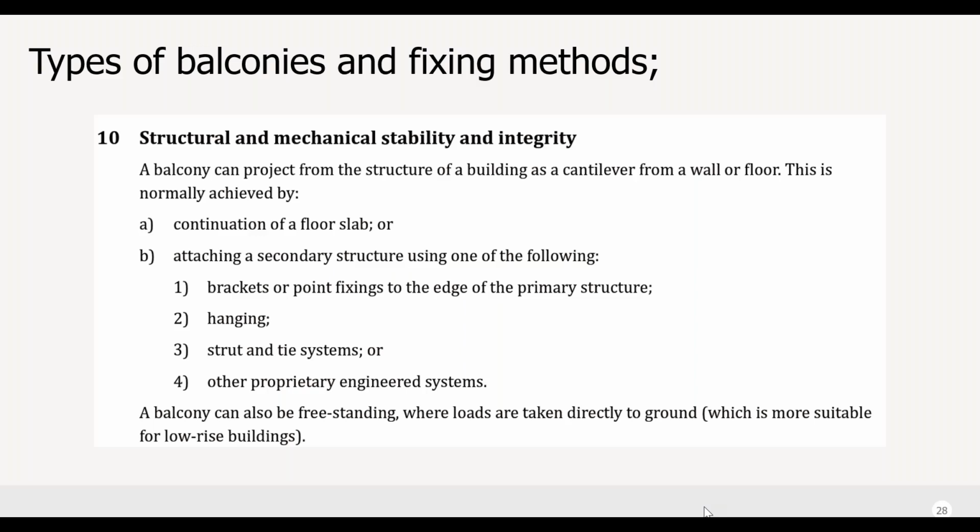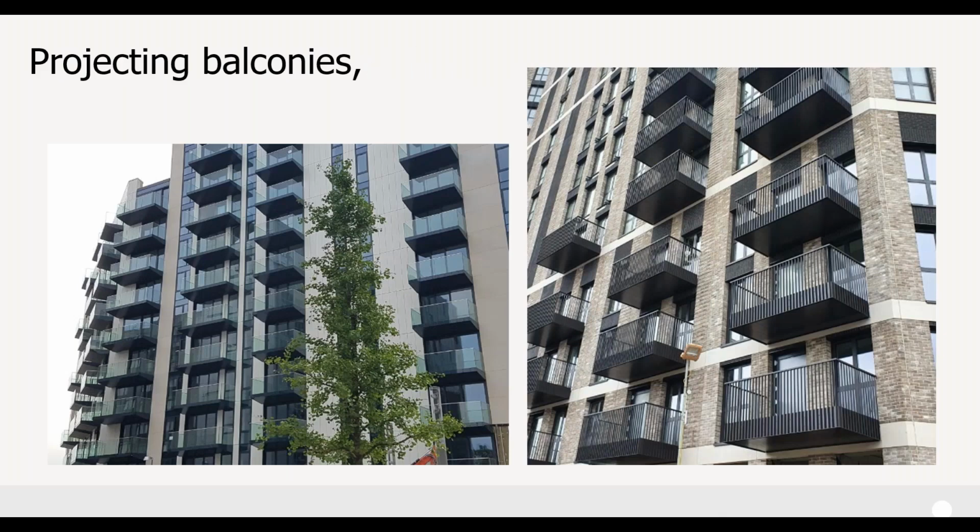So what that's brought about is a range of off-site manufactured balconies, which are supported either conventionally from the main structure of the building or also integrated into the facade. So if we move on, there's just a few slides here showing some of the different types of balconies that we're talking about, just to help people understand them.